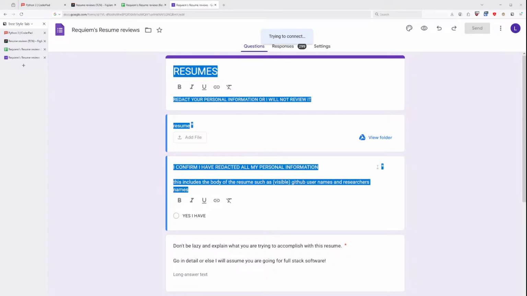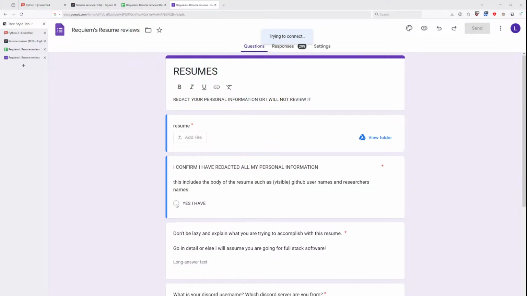This is a mandatory question, guys. This is a mandatory question, and they have checked it. And I am looking at their submission right now, and I can see their name. I can see their email. I can see their phone number, and their LinkedIn, and their GitHub. It's just right at the top of the resume.